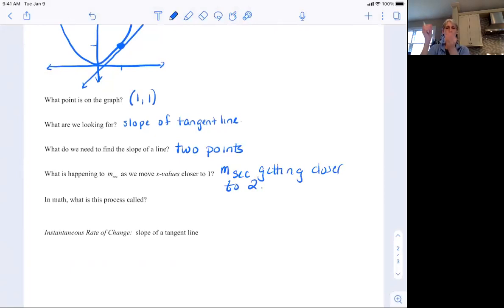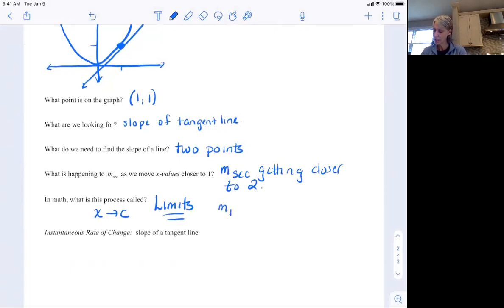In math, when we do this kind of process of moving something closer to another value, what is that process called? We're evaluating a limit, correct?